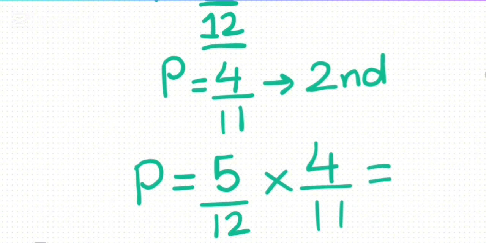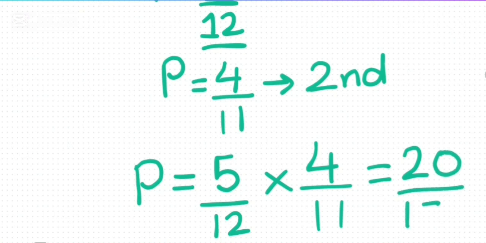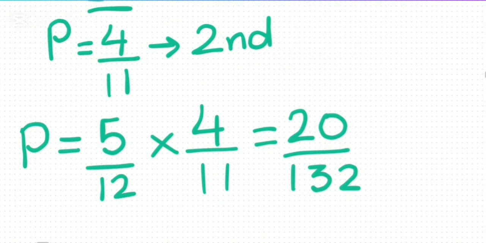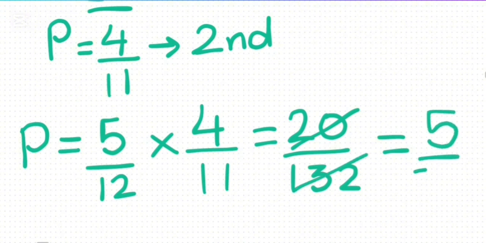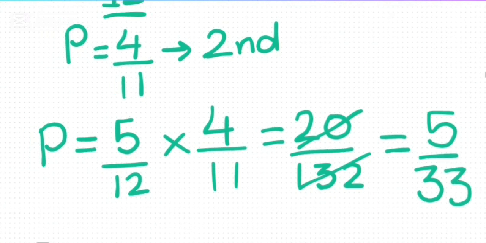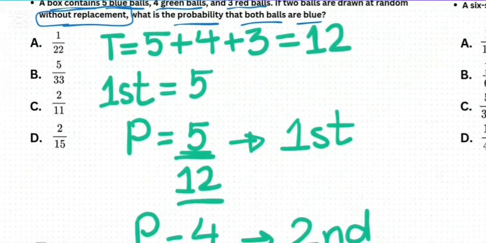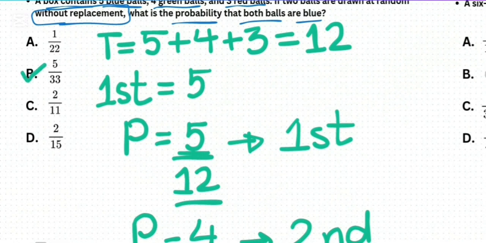When you multiply them, you will get 20 out of 132, right? If you cut these values after dividing, you will get 5 out of 33, right? Now we will find the answer, 5 out of 33 in the options. So the correct answer is B.